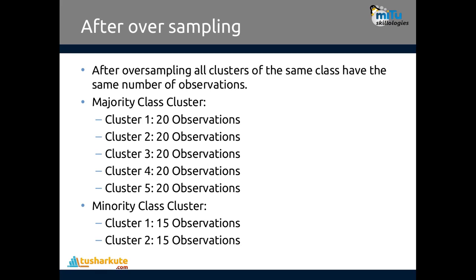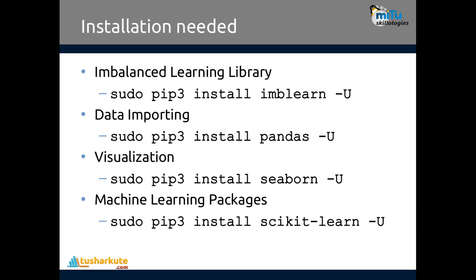Clusters of 20, 20, all are 20, and the minority class will contain 15, 15. That will be somewhat close to the original positions there, after oversampling.